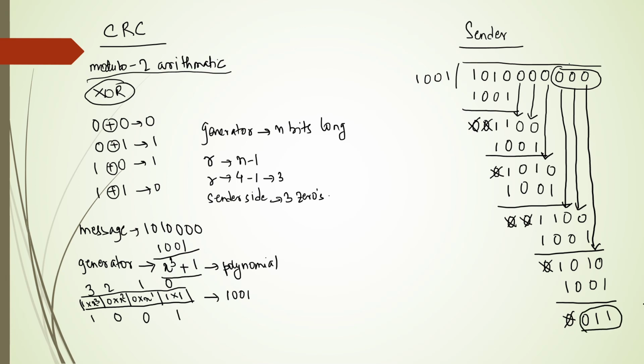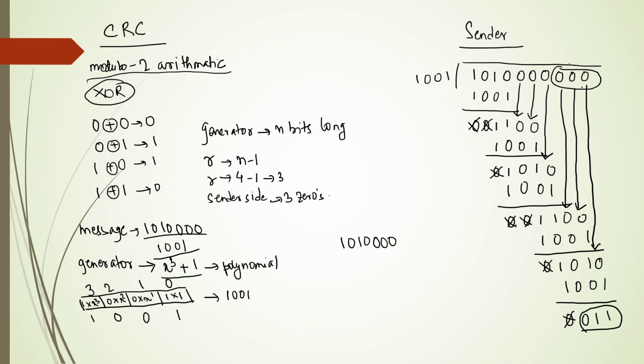Okay, and why do we retain these 3 bits? Because whenever this data will be sent to the receiver side, let us see what will happen. So the data will be 1010 000, and instead of these 3 zeros that we added when we started the division process, we will just add the remainder, right? And obviously the remainder should be of 3 bits. Why?